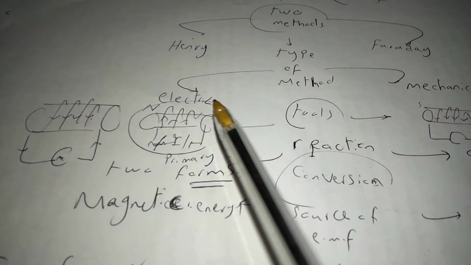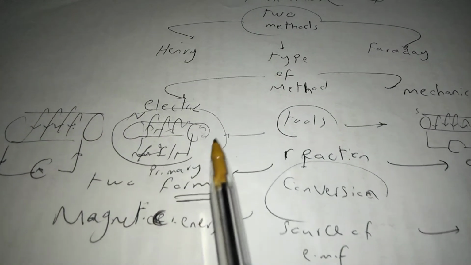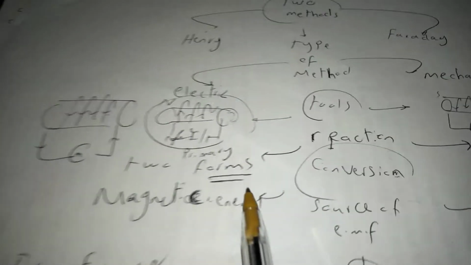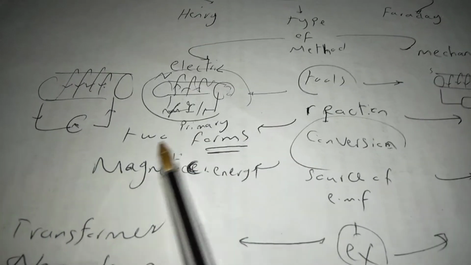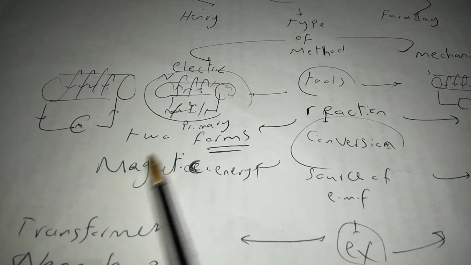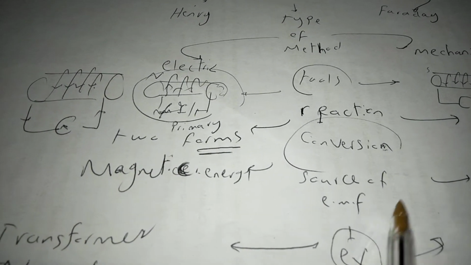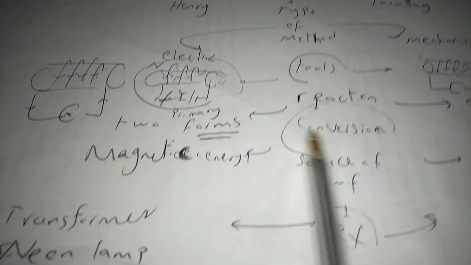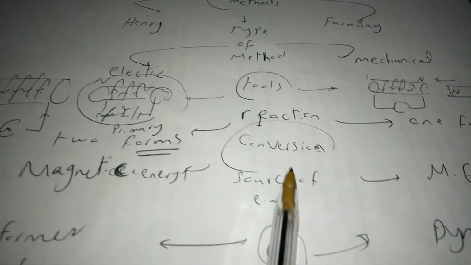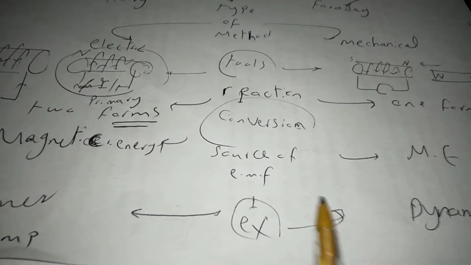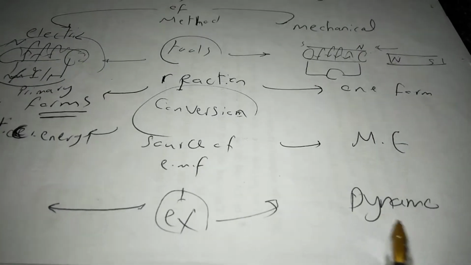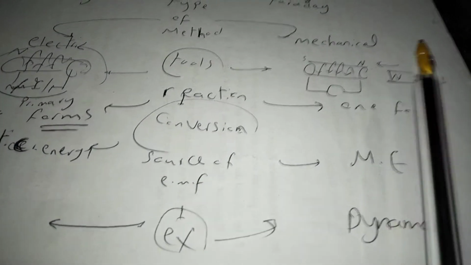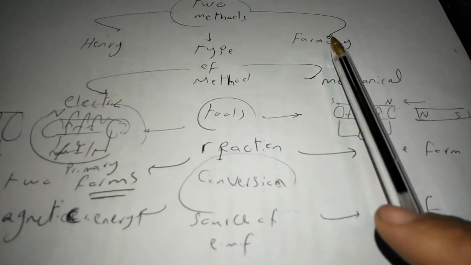And here in the Henry method, we can notice that the conversion in energy is to convert the magnetic energy into an electric form, and that's why we have examples in our curriculum that express what we have just said. The dynamo is an example of the mechanical method of Faraday.